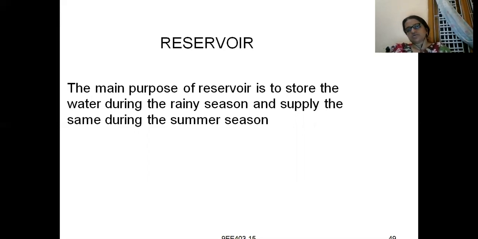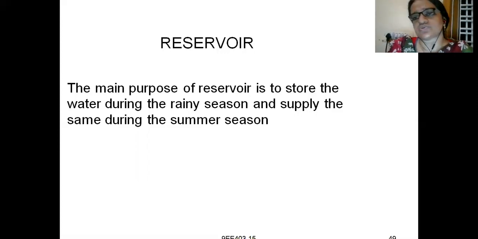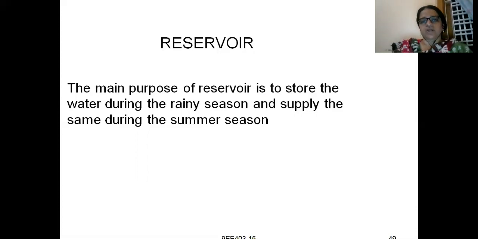The disadvantage is that for crops, or for drinking purposes, the water won't be available. So the reservoir is like a storage thing, where you store water during the rainy season and supply the same during the summer season.